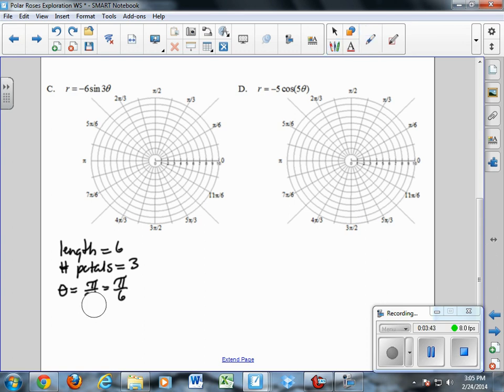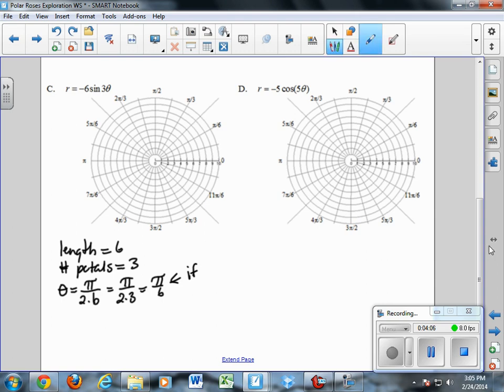That's not terribly clear. Let me make that a little neater for those of you taking notes. Theta is pi over 2 times 3, pi over 6. Now this would be if a is positive.